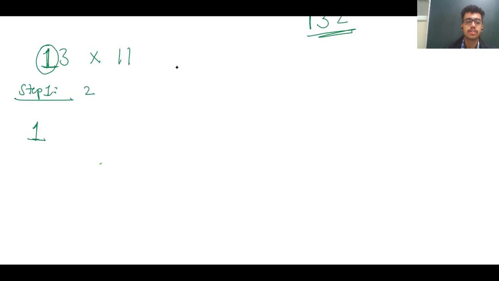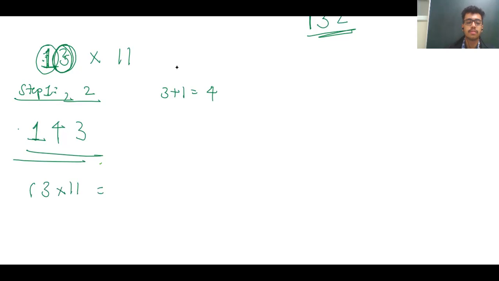Step 2 is add both of these digits. That is 3 plus 1 is equal to 4. So write 4 over here. Then take the last digit, the remaining digit, that is 3. Just write 3 over here. So you get 143. So 13 into 11 is 143. Understood? Yes, sir.